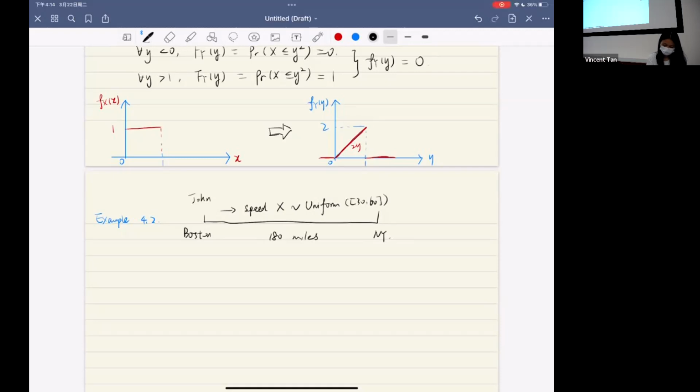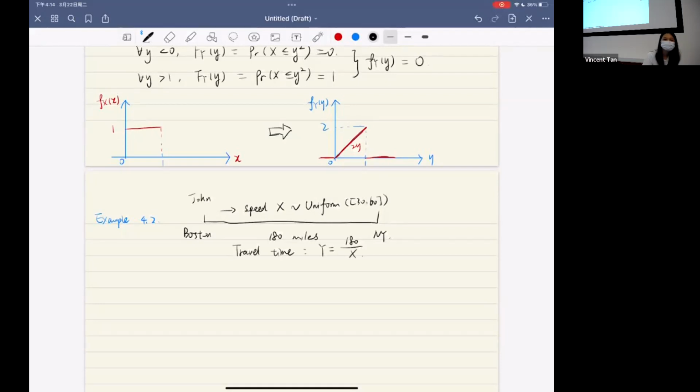So we assume that John is driving at a constant speed, but this speed is a random variable. We don't know whether the speed is 30 or 60 or 50. So we want to calculate the travel time. The travel time is equal to 180 over x.